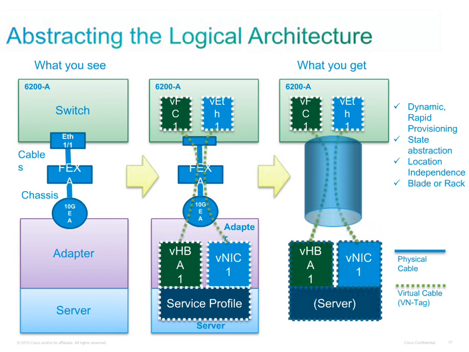What you see physically on the left is a server, a physical adapter, and a 10 gig Ethernet port running up to the switch, terminating on an Ethernet port on the switch. Those are the physical pieces.